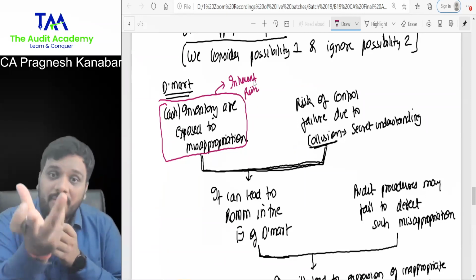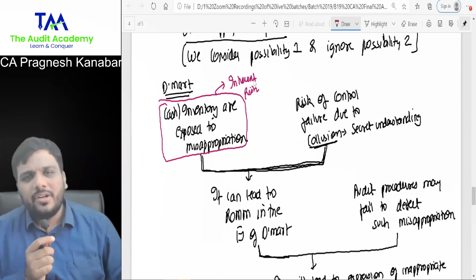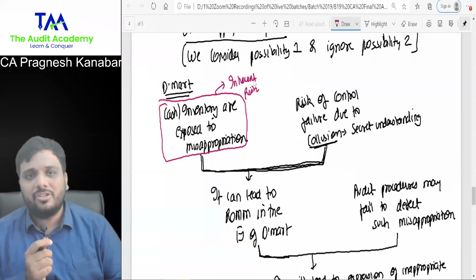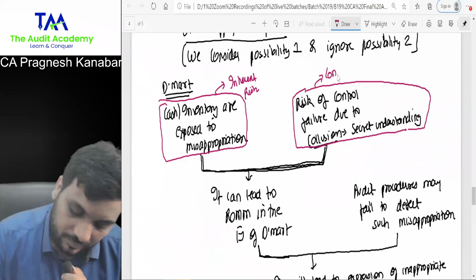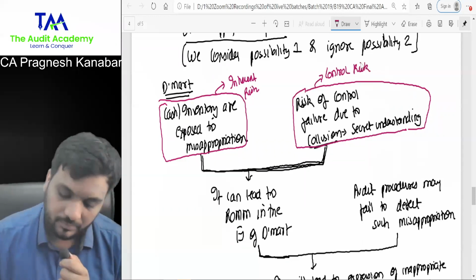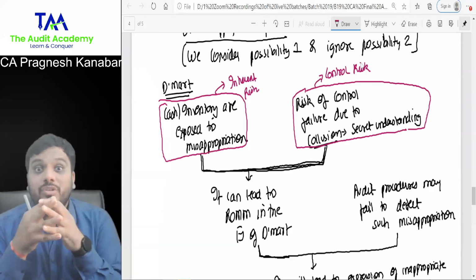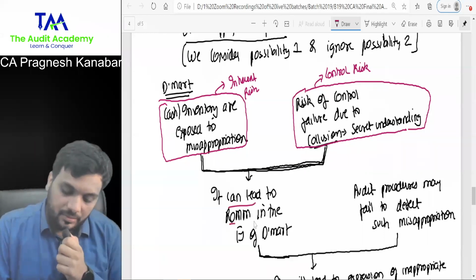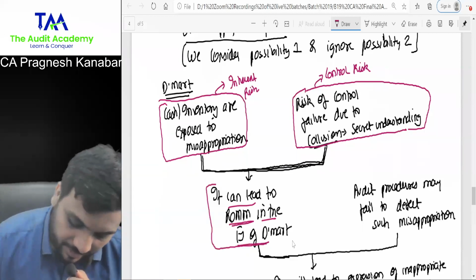In order to reduce the impact of this, management implements internal control. But then no control on Mother Earth is foolproof. Even if you bring the Tata company in front of me, still there is a risk of control failure. So this is nothing but what? Control risk. When both of these risks happen together, it can lead to risk of material misstatement in the financial statements of DMart.